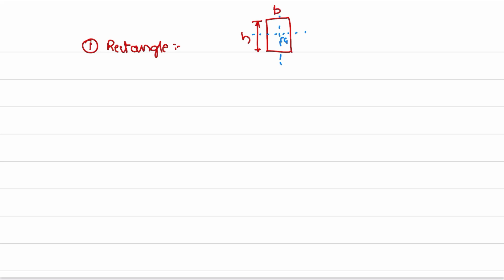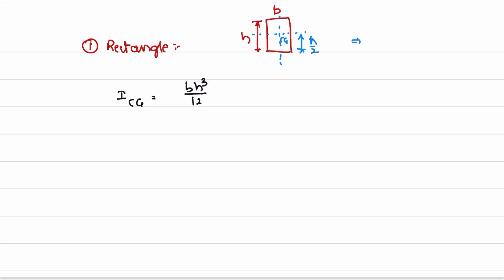This is CG, at a height of h by 2. Then I, rather I can say ICG, is equal to BH cube by 12. This is the value of ICG, the moment of inertia about the center of gravity.